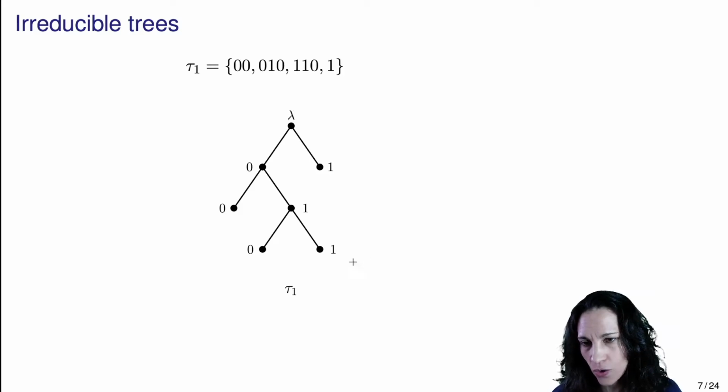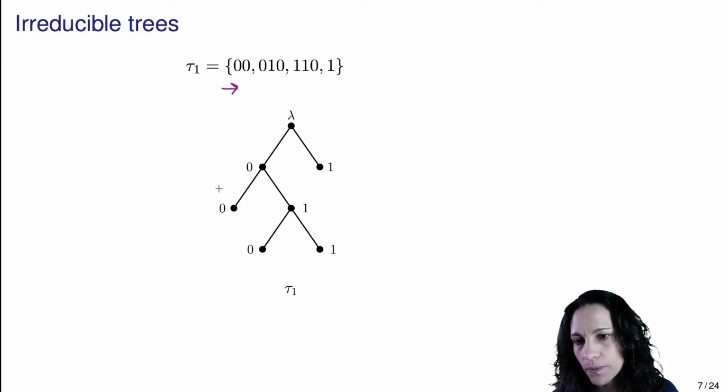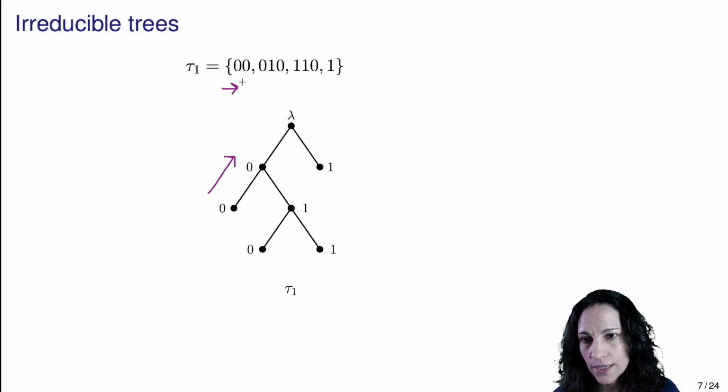The sequences in the set are read from left to right, and in the tree they are read from bottom to top. So, for example, here we have the sequence 0, 0 is the first sequence, the sequence 0, 1, 0 here, the sequence 1, 1, 0, and 1.